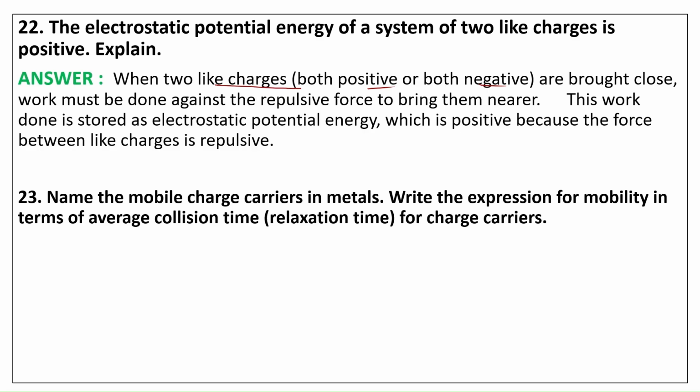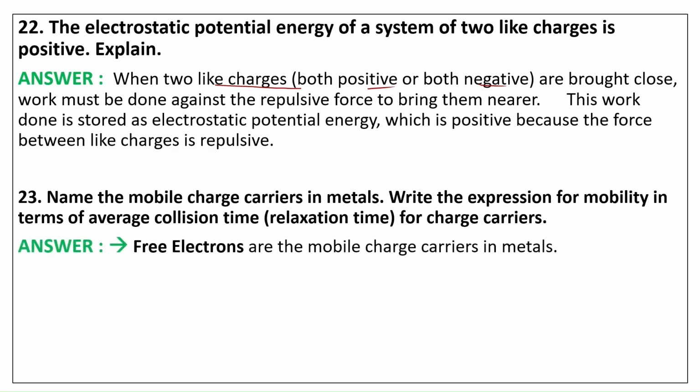Next. 23. Name the mobile charge carriers in metals. Write the expression for mobility in terms of average collision time, relaxation time, for charge carriers. Answer. Free electrons are the mobile charge carriers in metals.